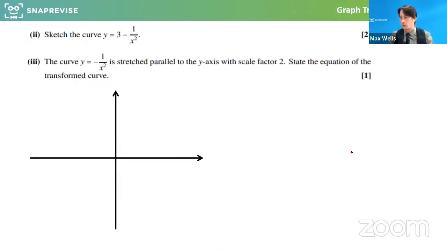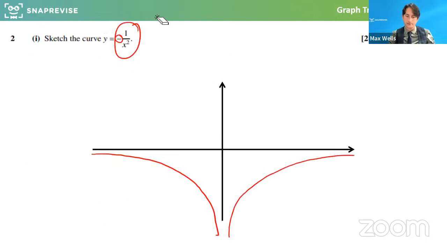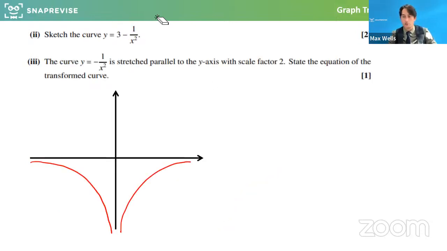So this next one, this is all graph transformations. And it's just a little extension on the one we've just done. We've just seen that minus 1 over x squared looks like this. So adding the 3 on does what to it? What will that do to this graph? What transformation has happened?